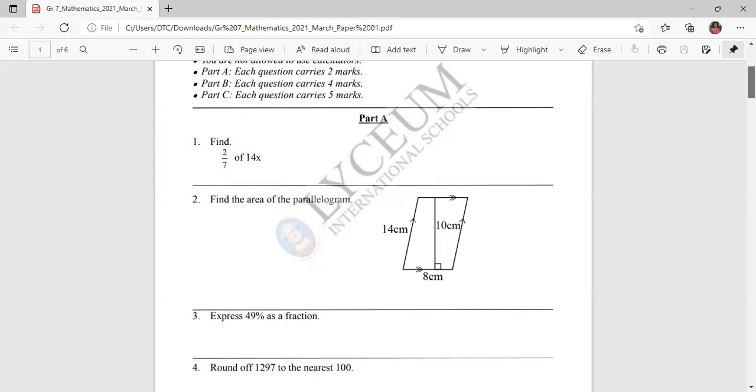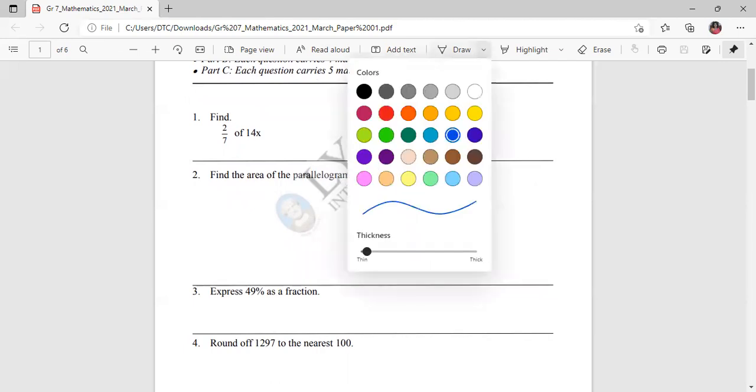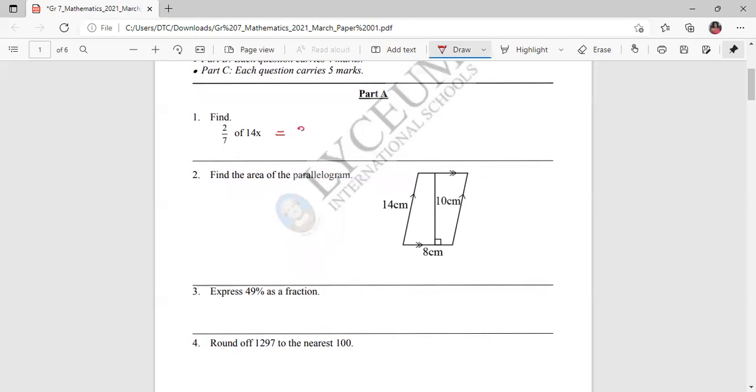Then part A, the first question: you have 2/7 of 14x, right? First of all, how do you write this? See how you want to write the answer. You want to have an idea what this means. "Of" means multiplication, and you have 14x. Then you know how you can simplify this.